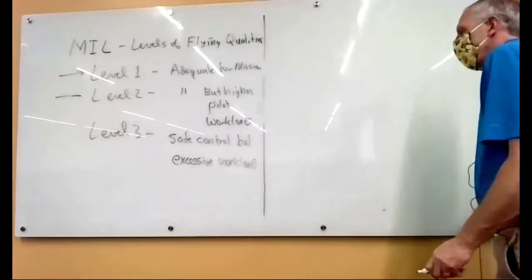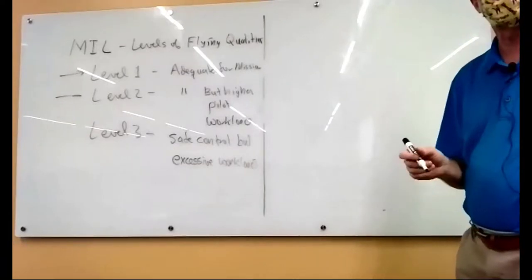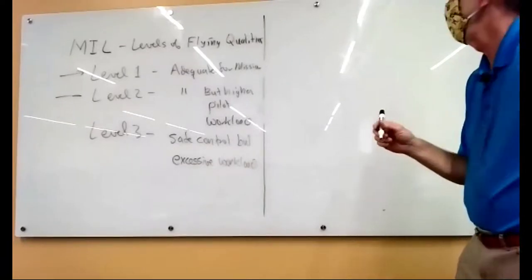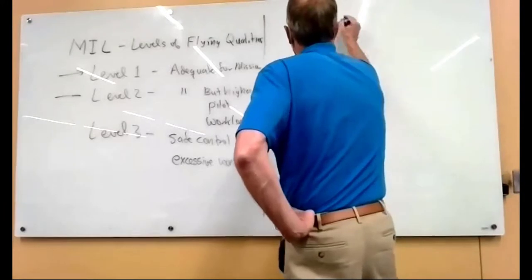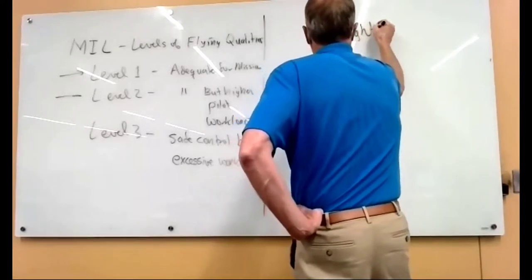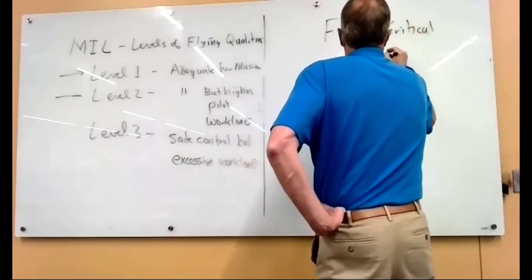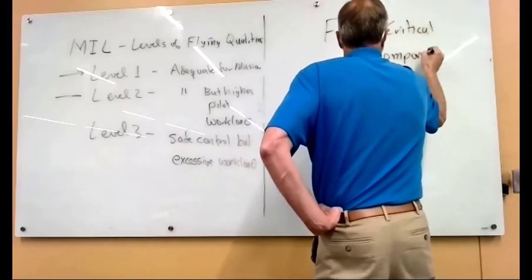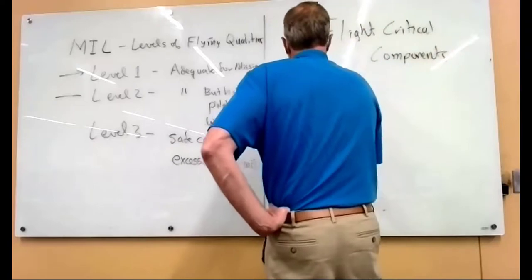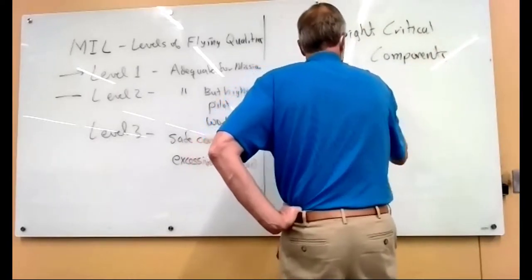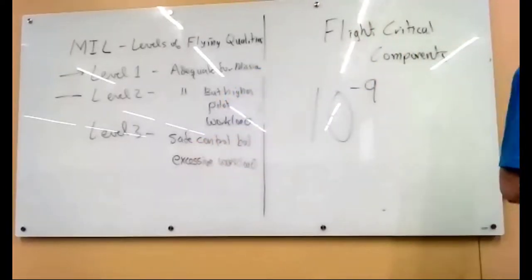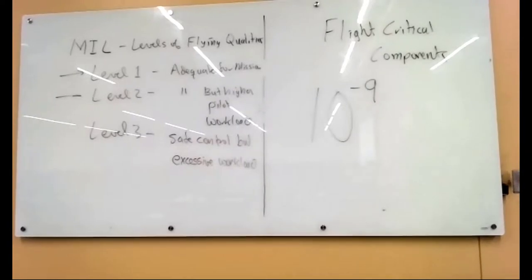But with regard to aircraft flight safety, flight critical components, you'll hear people talk about 10 to the minus 9th. And often they'll say it without saying anything more, and you're just supposed to go, oh, yeah.